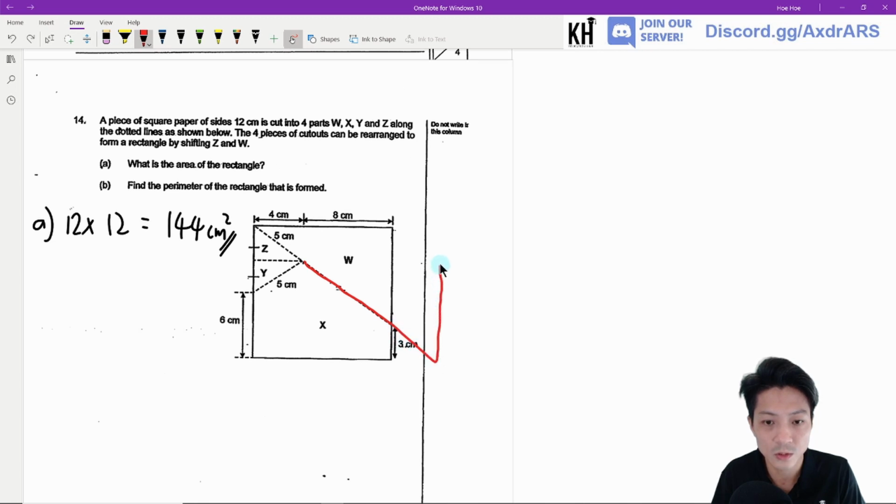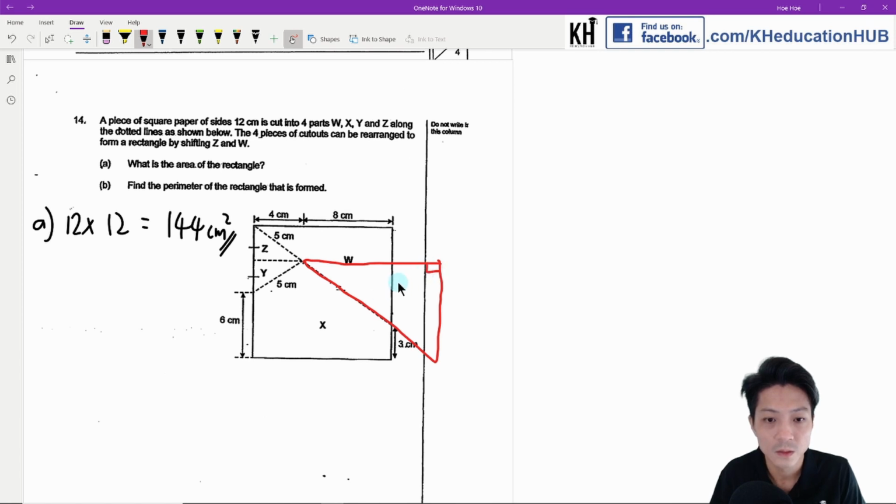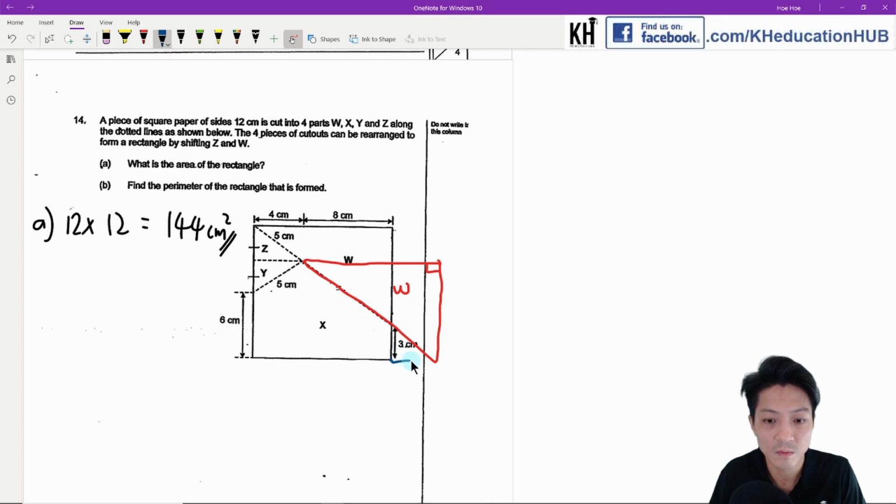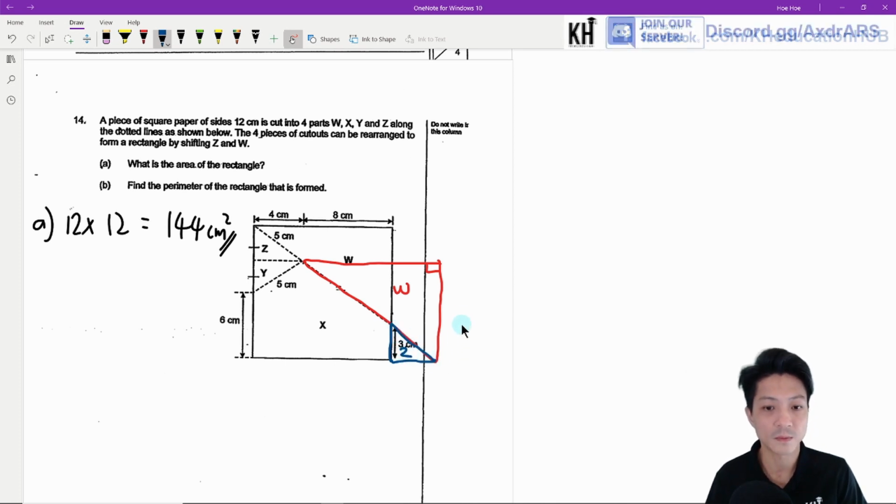I'm gonna try to draw it here and draw it here. Okay, so this would be W, and which means that Z will be moved here. Okay, this will be where Z is.